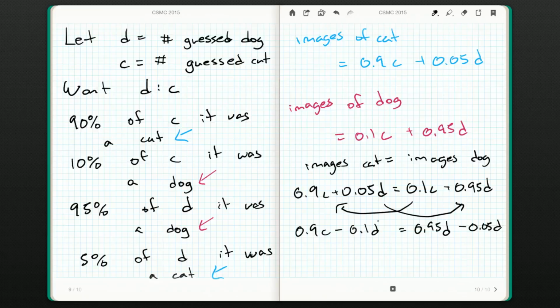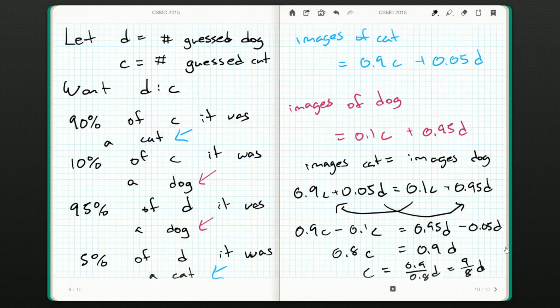Oops, sorry, that should be a C right there. 0.9 minus 0.1, that should be 0.8 times C. 0.95 minus 0.05, that's going to be 0.9 D. So let's say C is 0.9 over 0.8 D. Well, that's going to be 9 over 8 D. So C, the value of C, the number of times she guessed cat, is 9/8 as large as D, the number of times she guessed dog.